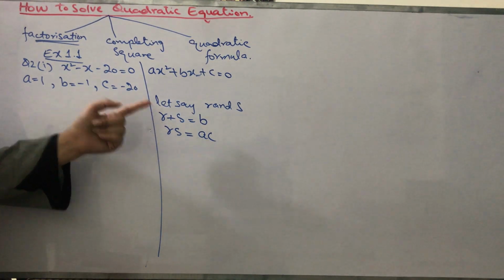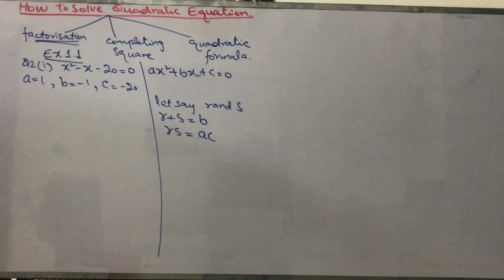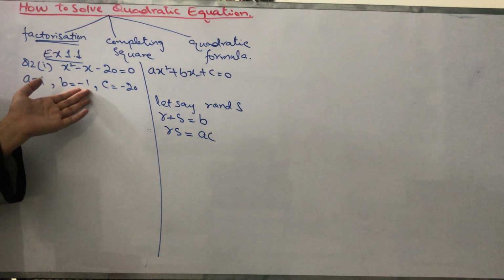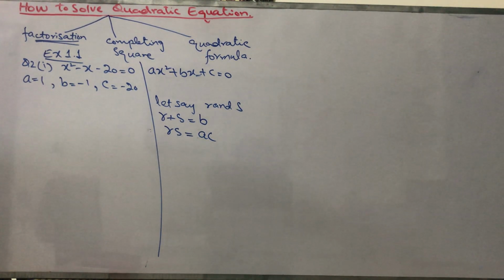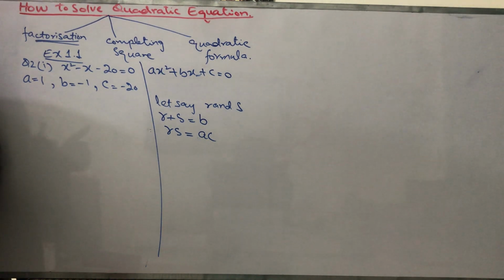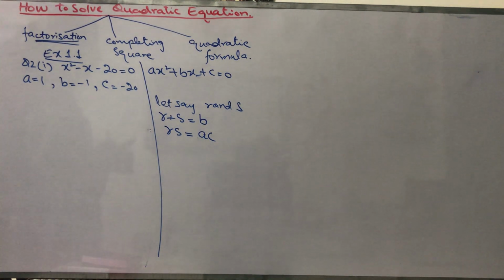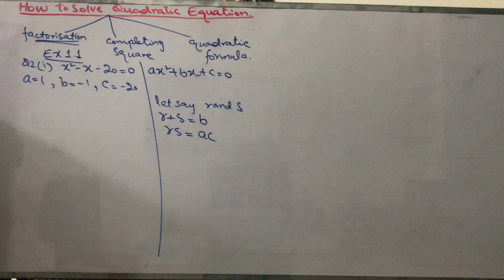When we add them, my answer cannot be equal to minus 1, right? So as we move further, 3 is not a multiple of 20. Then we come to 4. 4 into 5 is 20, right?